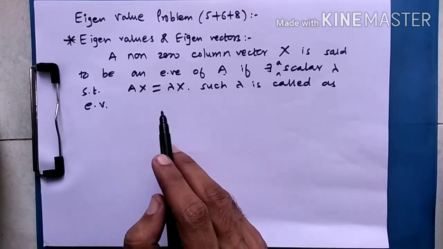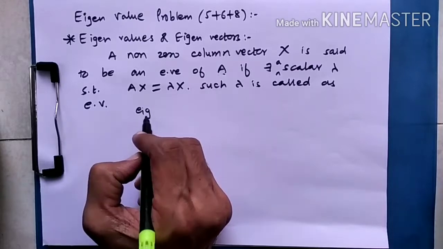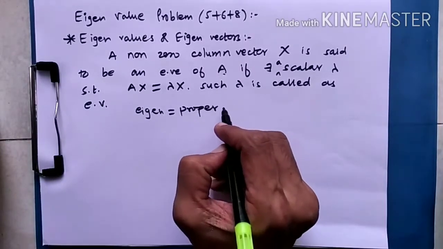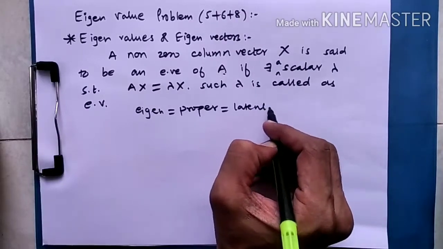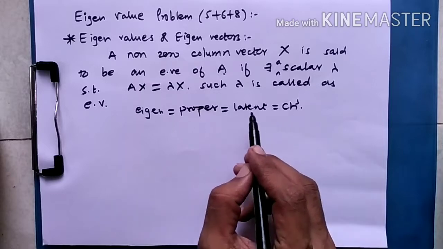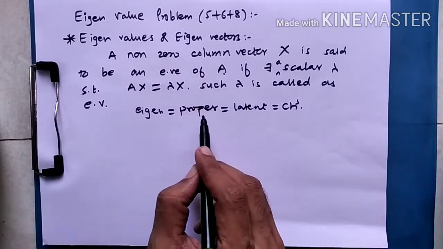So that is the definition of eigenvalues and eigenvector. Eigen, this word means proper. So some other words which we can use for eigen are latent root and latent vector, and characteristic root and characteristic vector. So latent or characteristic all have the same meaning, eigen or proper.